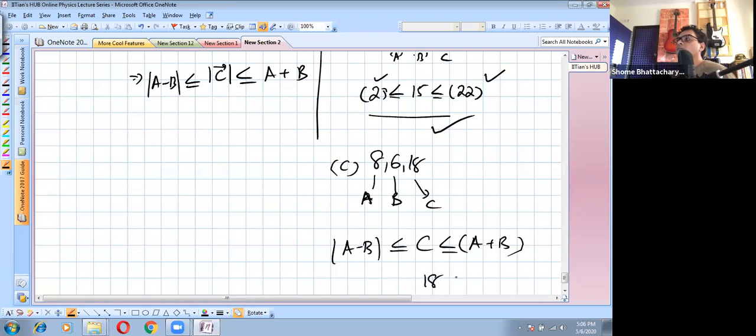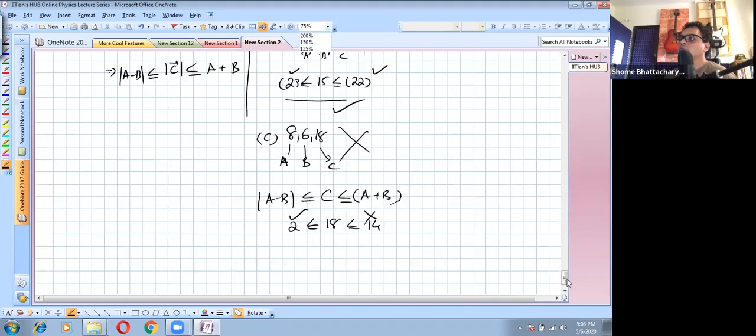Here C is 18, the sum is 14, and the difference of A and B's magnitudes is 2. So this is being satisfied, but this is not being satisfied. That means this is not possible. So this is the type of logic you have to use in these questions: the logic of the triangle inequality.